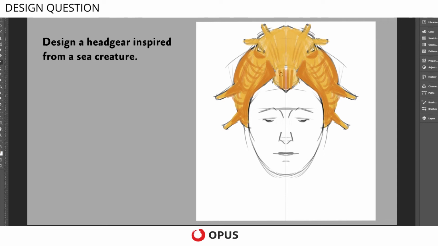So wherever you find, try to take the features of a given organism and use it creatively so that it adds creative value to your creation.